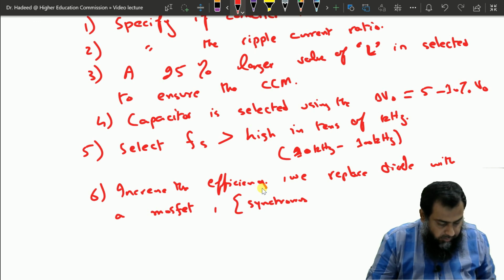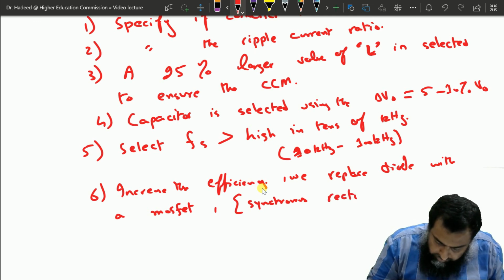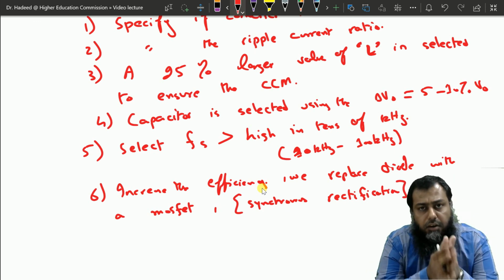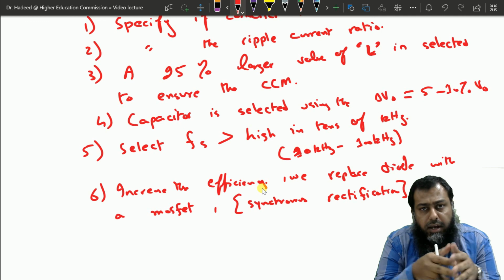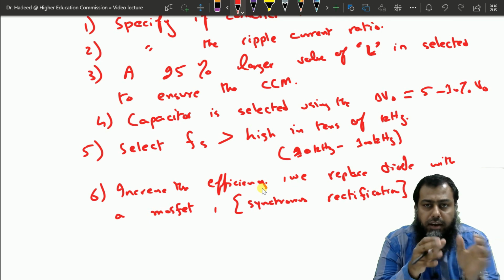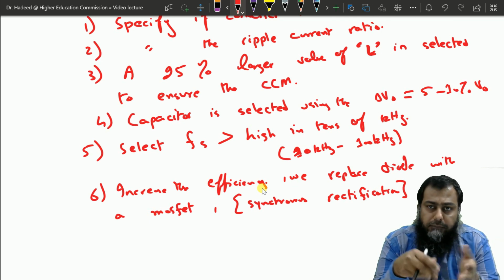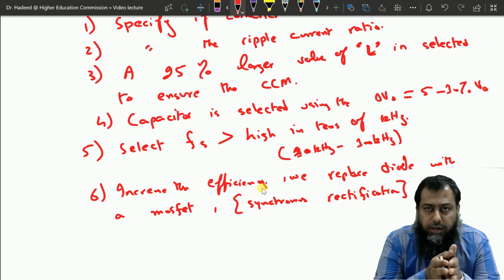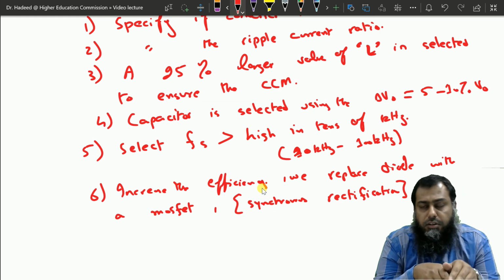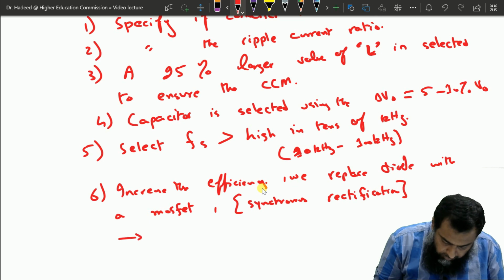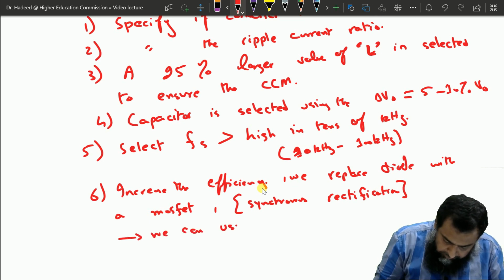We have earlier seen that the turn on losses of a MOSFET are much smaller than the turn on losses of a diode. So for those DC to DC converters where the input voltage is very low, we avoid the use of the diode by replacing it with a MOSFET, because a MOSFET is able to conduct the current with much lower losses compared to the diode. The other important point is we can use a MOSFET with low RDS on.